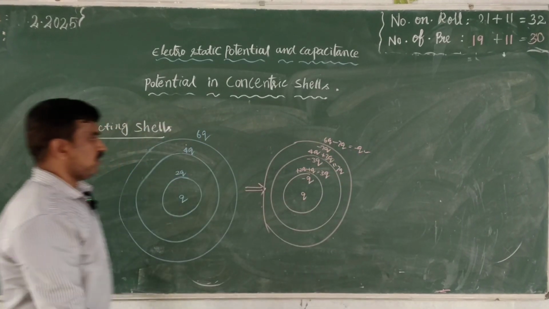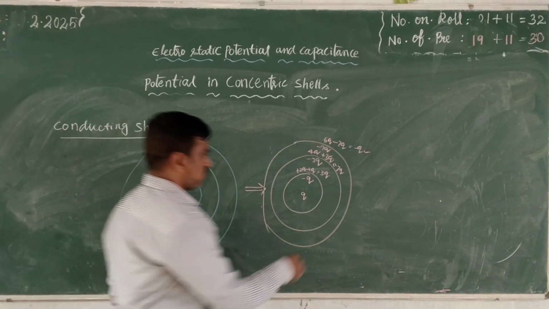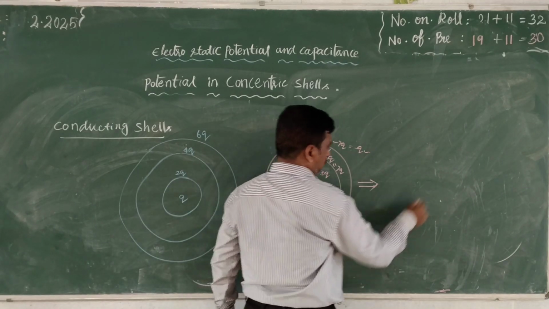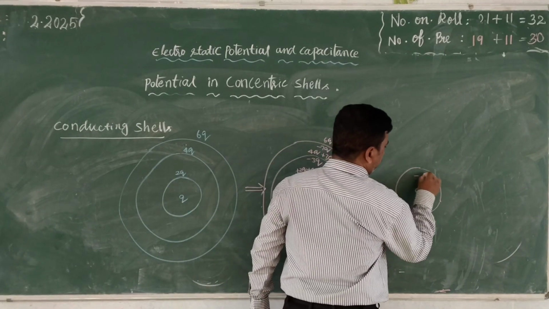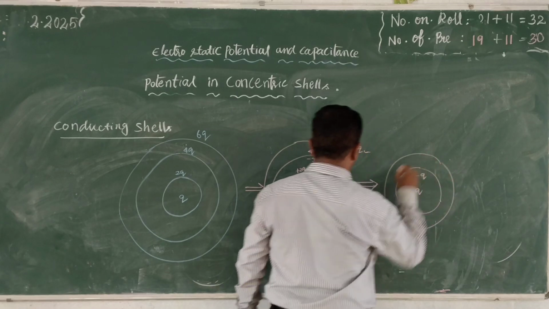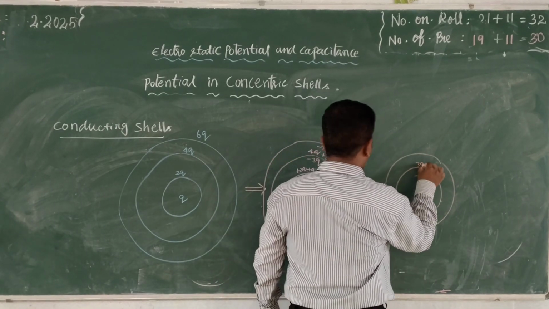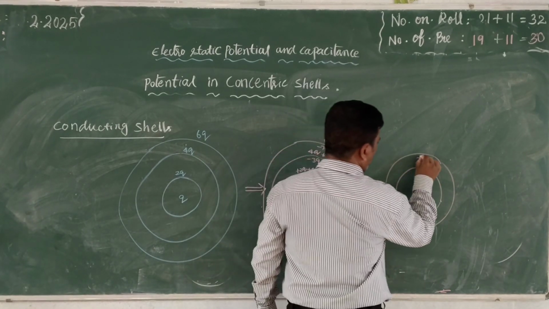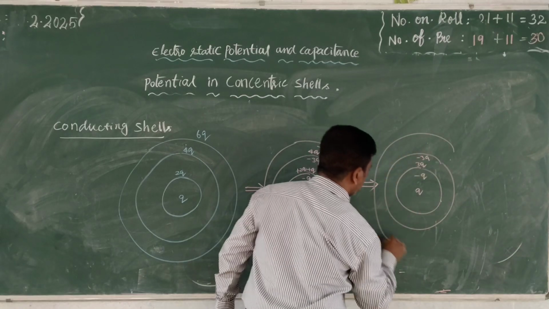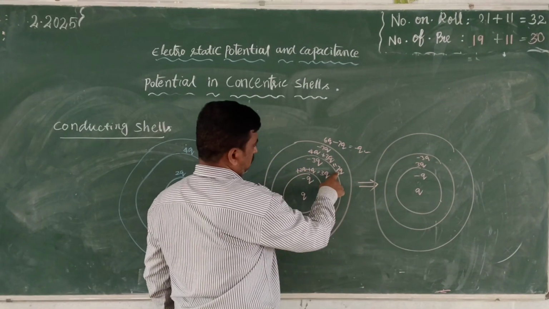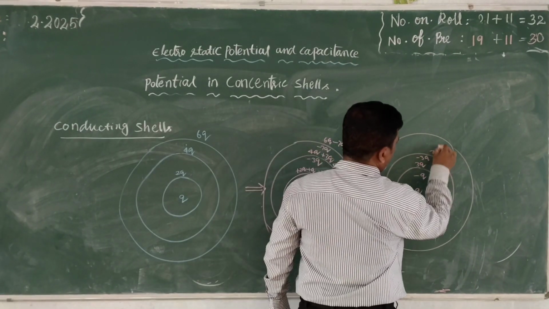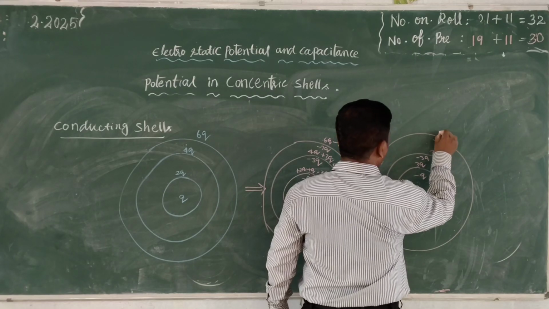So like this it is distributed. After distribution I write here first one q, minus q, second one 3q, minus 3q, third one 7q, minus 7q, here minus q.